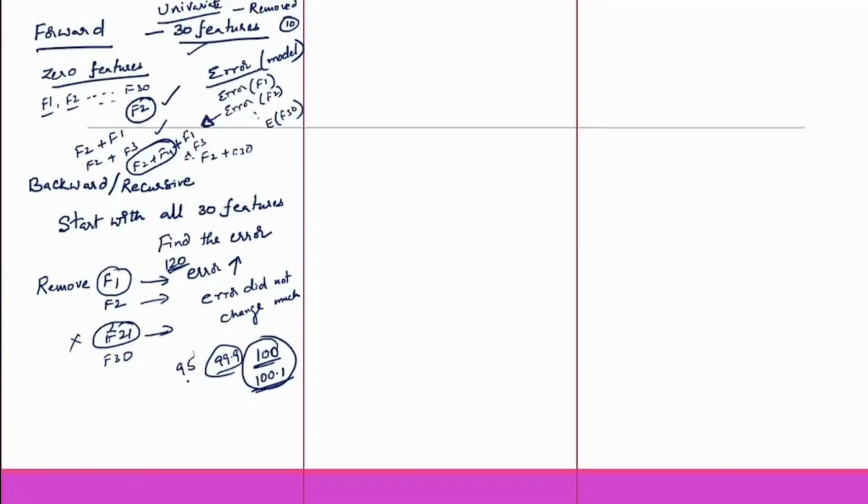Better knock this F21 out, because the moment you have removed it from the model, your error has actually come down, which means there is no point in including that variable into the model. So this process is like a backward elimination. You start with all the features and you knock one by one out till you get the least possible error.